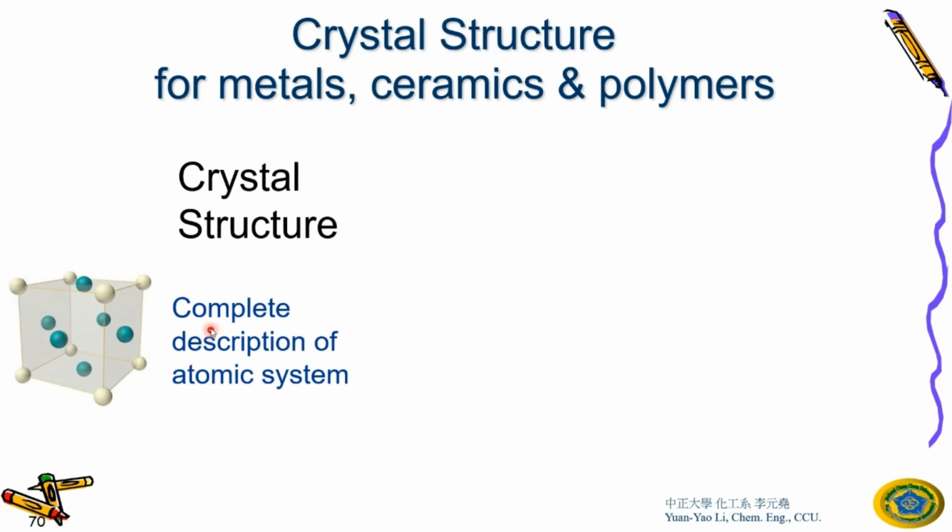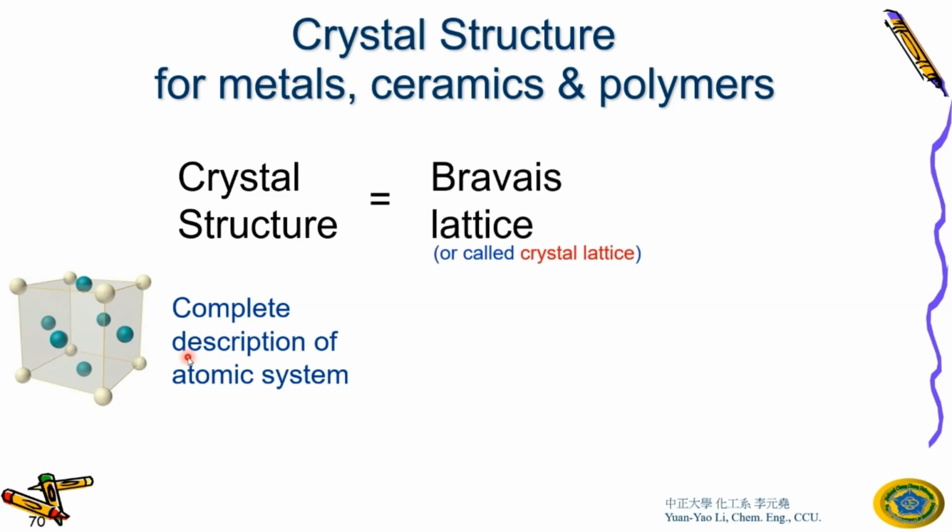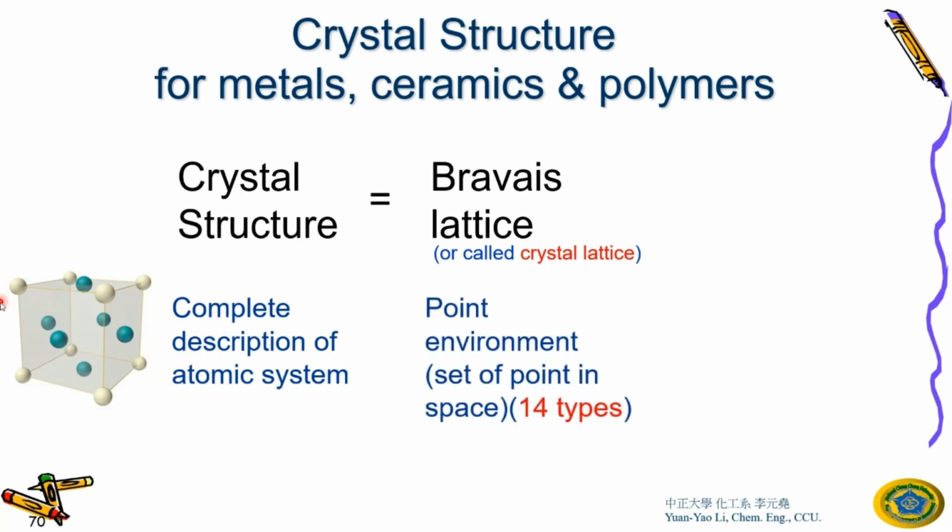There are 2 factors that determine this crystal structure. The first one is the Bravais lattice. There are 14 Bravais lattices, or crystal lattices. We call it the point environment, a set of points in space, and there are only 14 types.